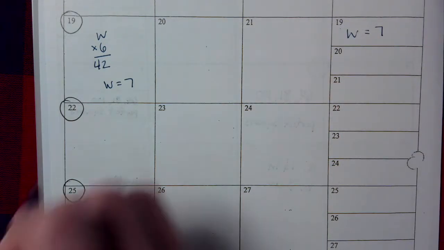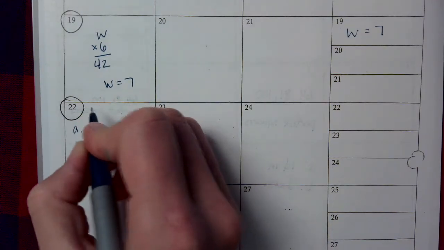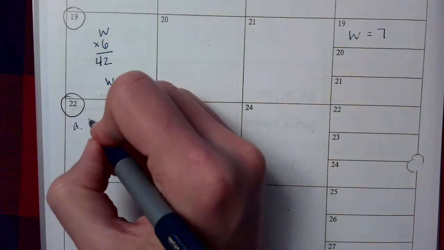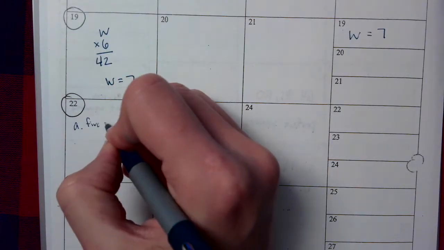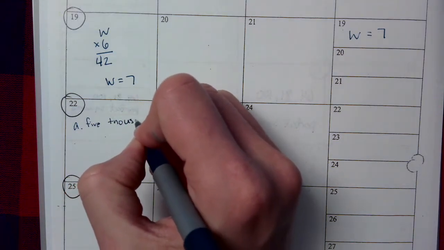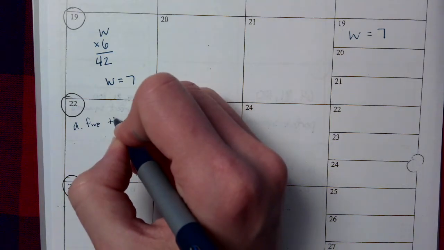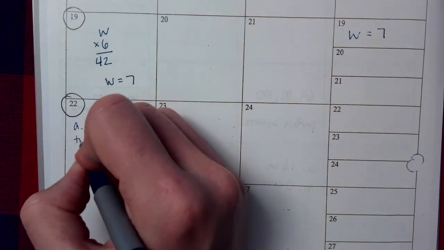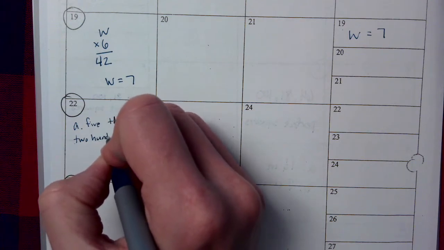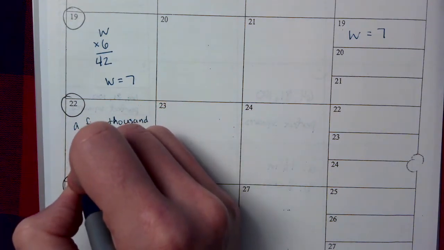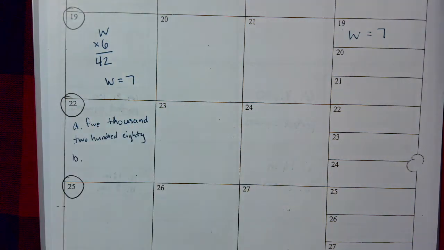Number 22 says use words to write 5,280. So 5,000 280.